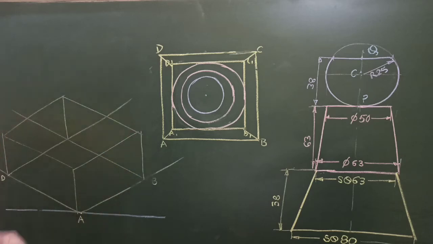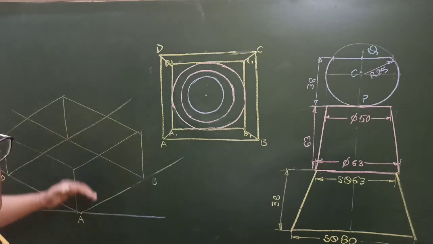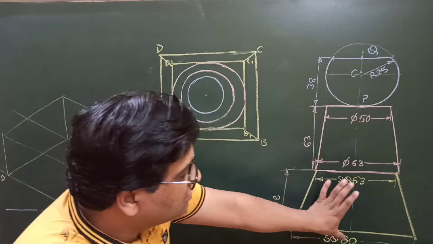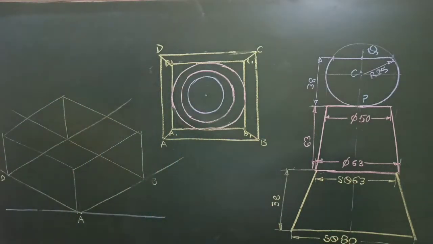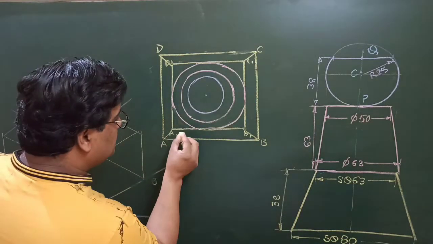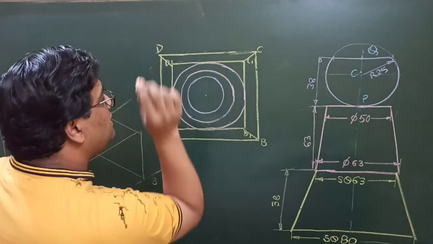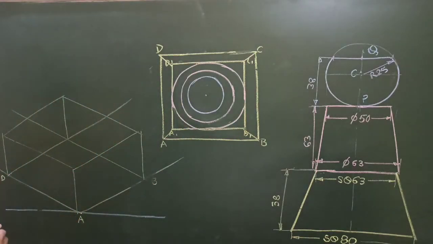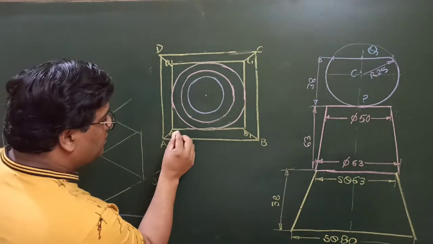So what we have done, we have given the height of this particular pyramid part. Now we can identify these A1, B1, C1 and D1 using the MN method.